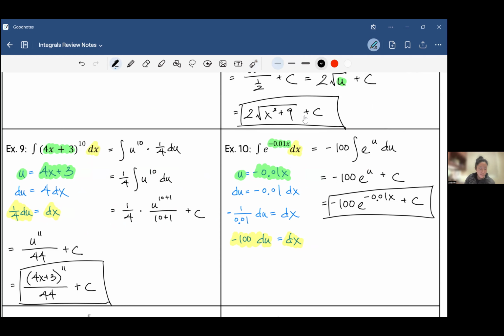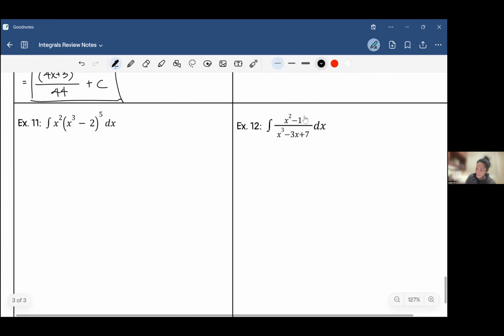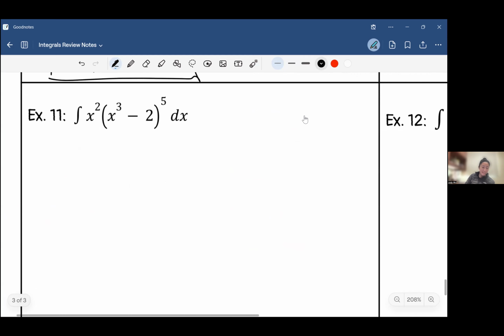All right, we got 2 last problems to take a look at today. And let's see. All right, so example 11 says x squared times x to the third minus 2 all to the 5th power. And I know we've been on a u sub train, but the thing that's telling me I want to be on that train is I see x cubed minus 2, and I know that the derivative of x cubed is 3x squared, okay?